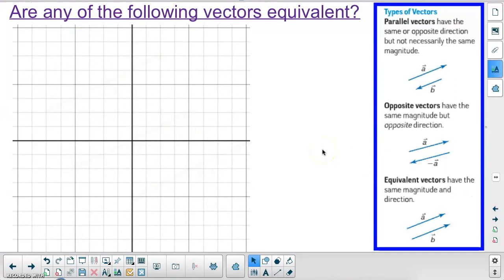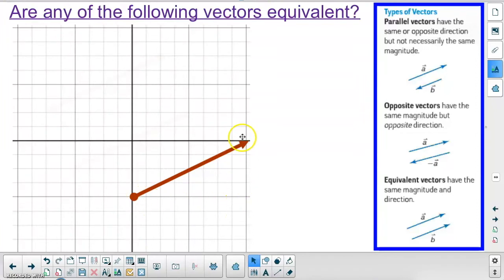Now let's take a look at equivalent vectors. When are vectors congruent or equivalent? Well, equivalent vectors have the same magnitude and direction. So let's take a look at this vector here.